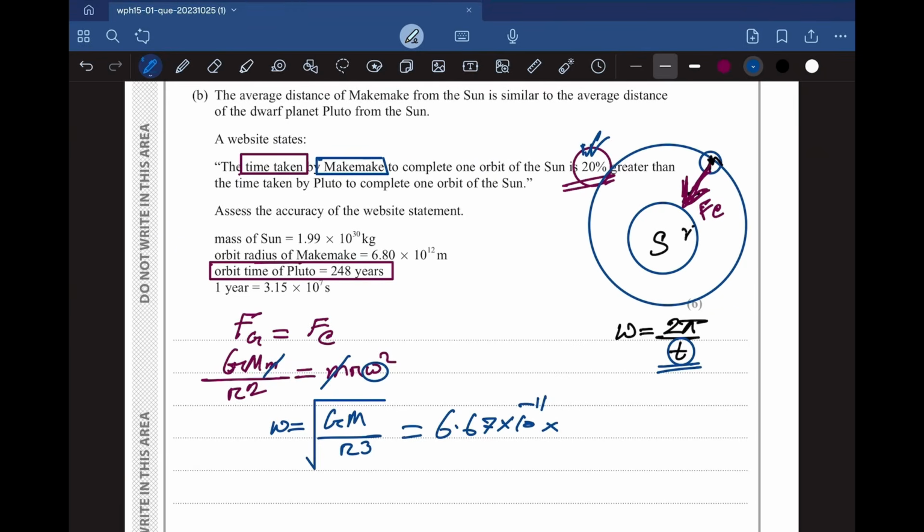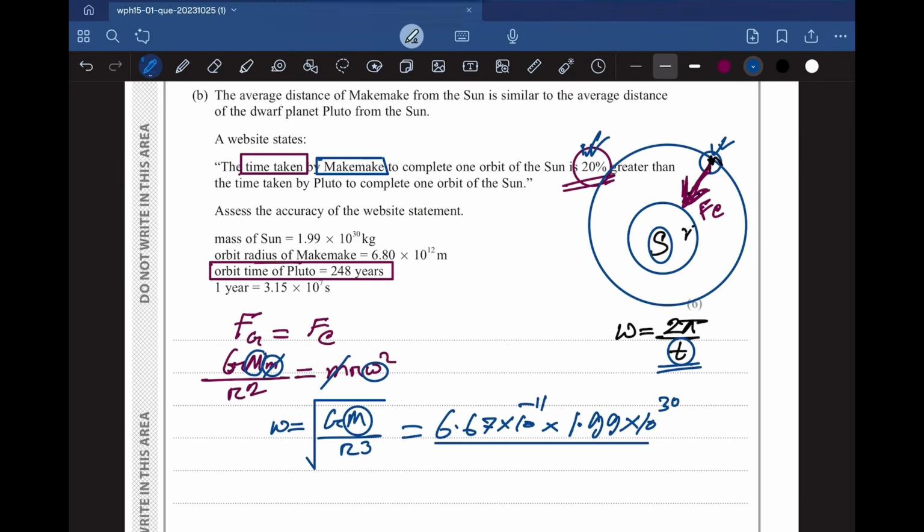So 6.67 into 10 to the power minus 11 into 1.99 into 10 to the power 30, which is the mass of the sun, because this M is the bigger M and this is the smaller m. This smaller m is the mass of the Makemake, and this bigger M is the mass of the sun.